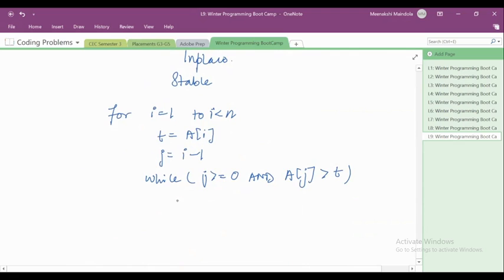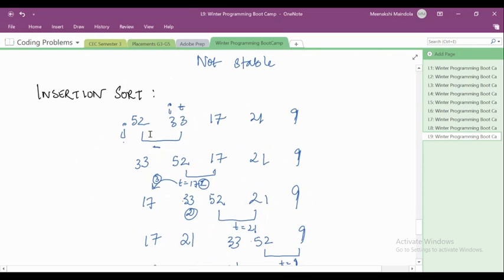Inside the loop, if this condition is true, which is that a of j is greater than the temporary variable, then what are you going to do? You are going to swap it. So first when you store 52 at its correct position, let us consider this iteration where you have in temporary variable 33, for jth index you have 52.